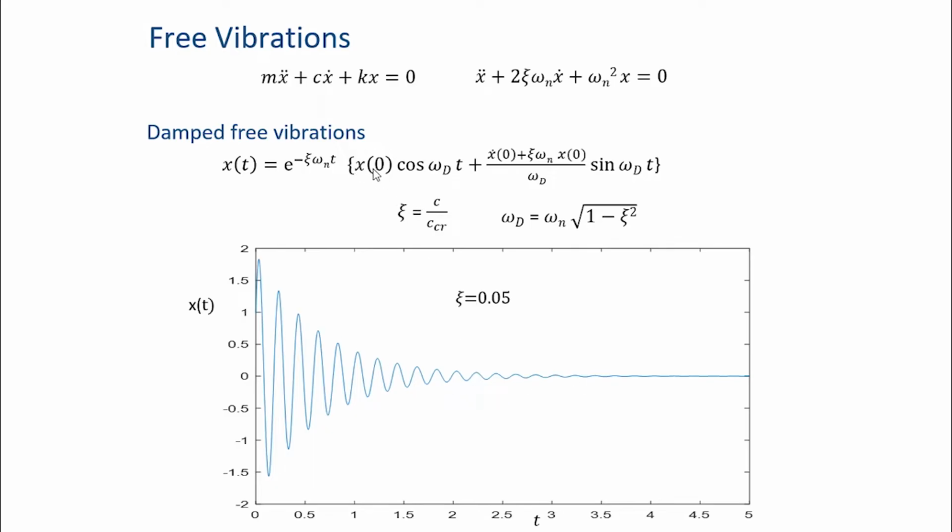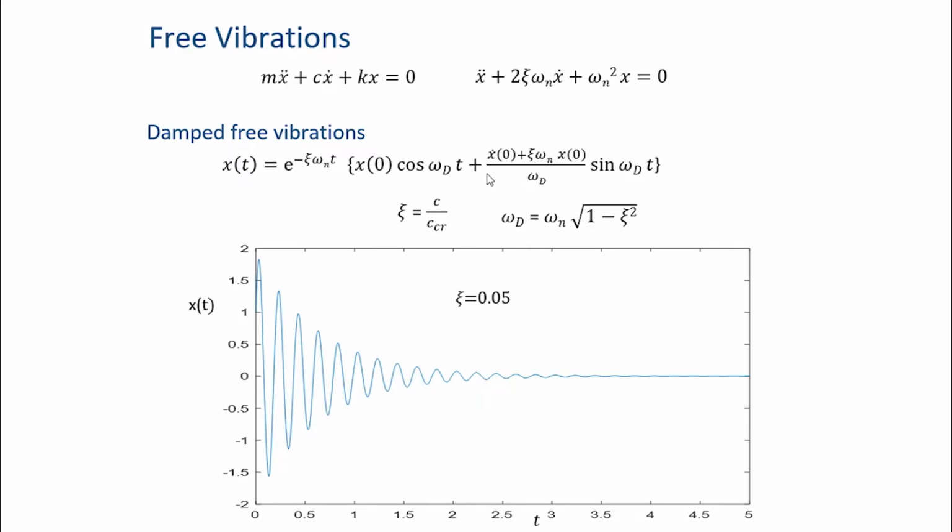And here in this equation, this x naught is the initial displacement and omega d is natural frequency multiplied by square root of 1 minus theta square, where theta is the damping ratio. So if the damping is high, this value will be lower than the natural frequency.